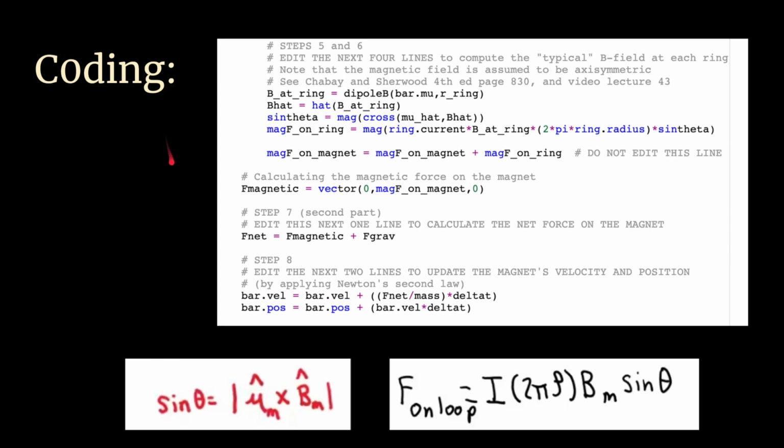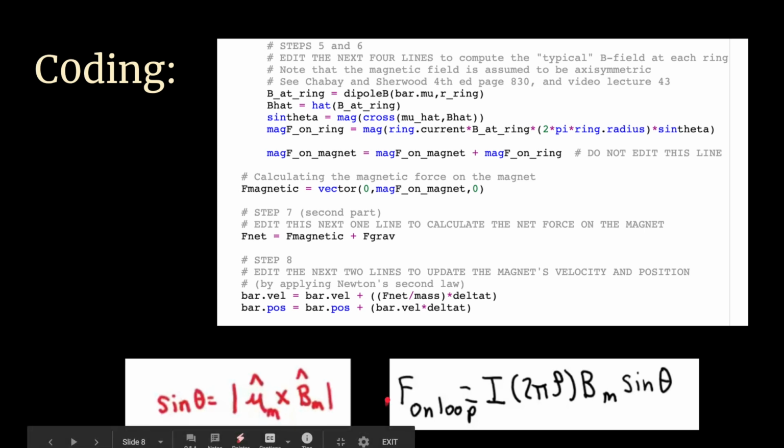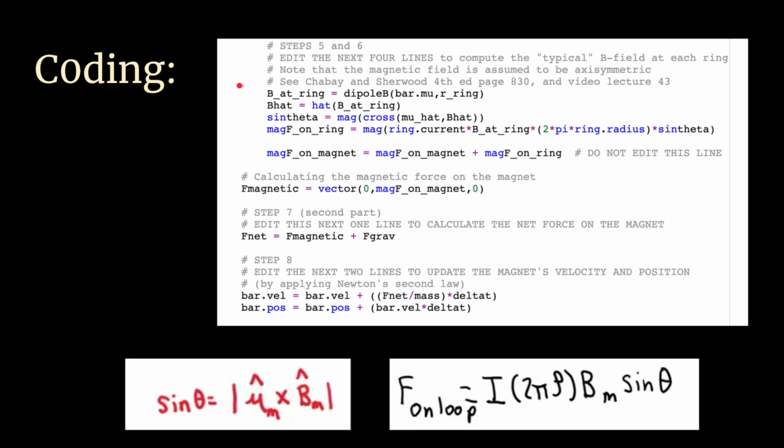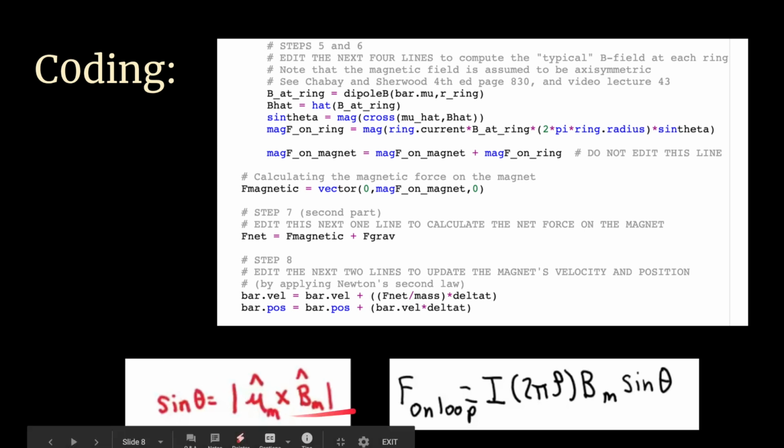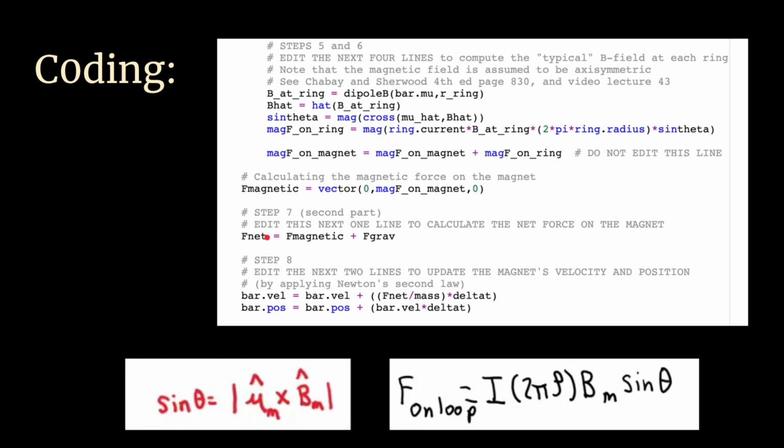That is done using this equation, which is translated over here. Just as a side note, sine theta is equal to this. Next, step 7 is to calculate the net force, which is just the magnetic force and the gravitational force. And finally, step 8 is to update the magnet's velocity and position using Newton's second law, which is shown right here.